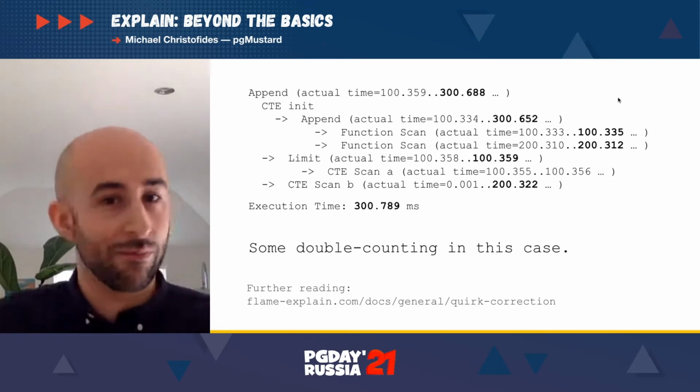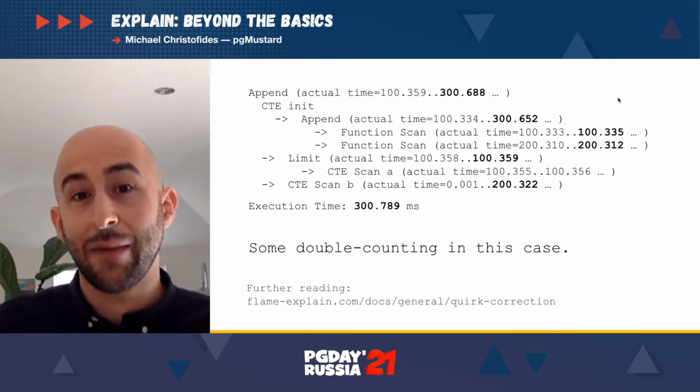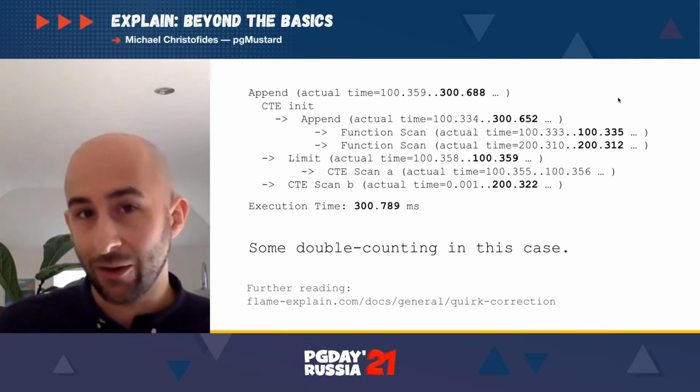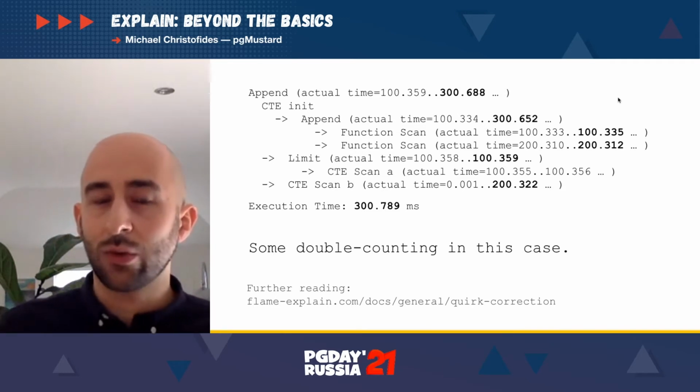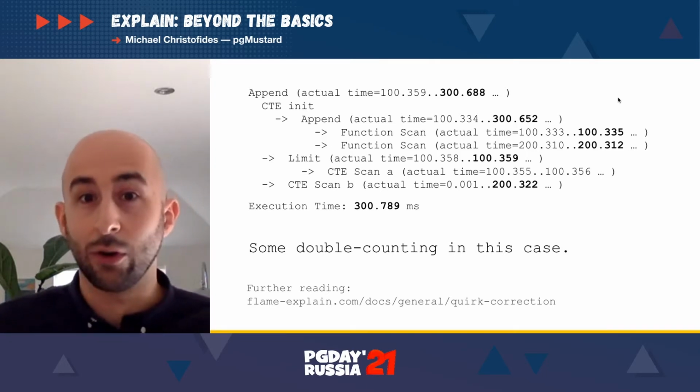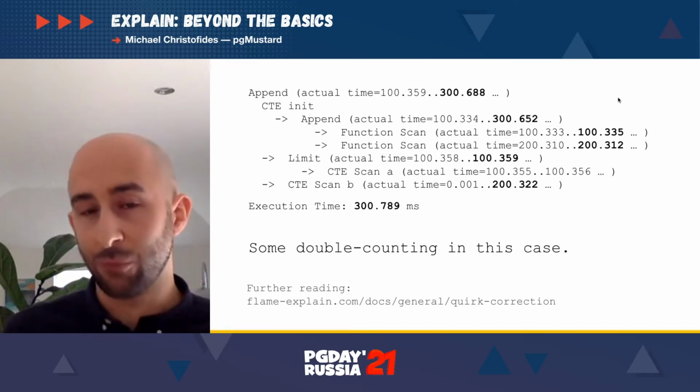Now that's due to some double counting, and each one on their own makes sense, but a tool needs to work out which one do you want to point at for having taken the majority of the time, or which one do you want to subtract from which?